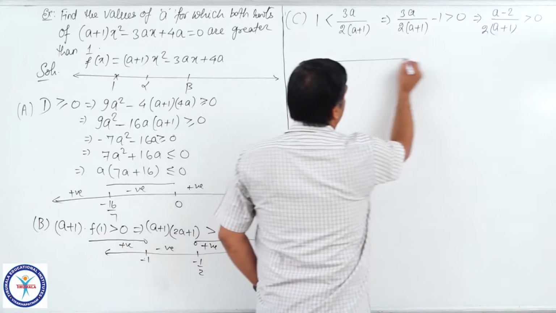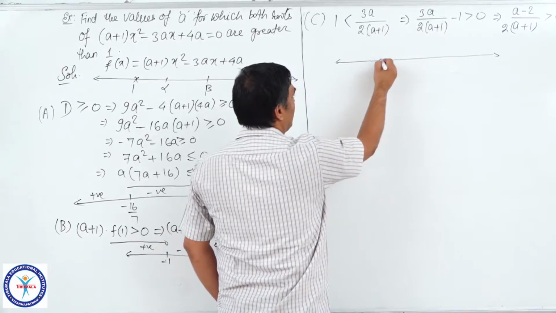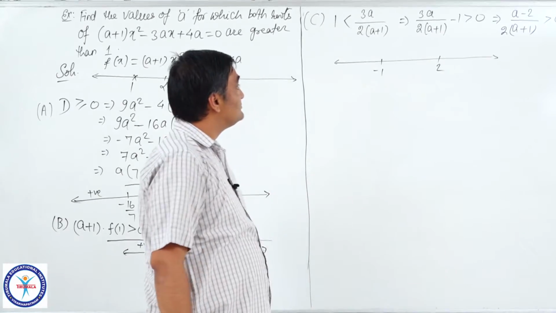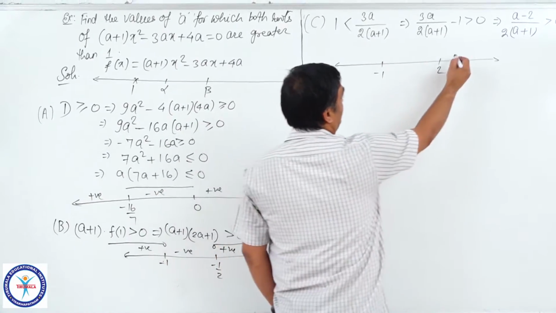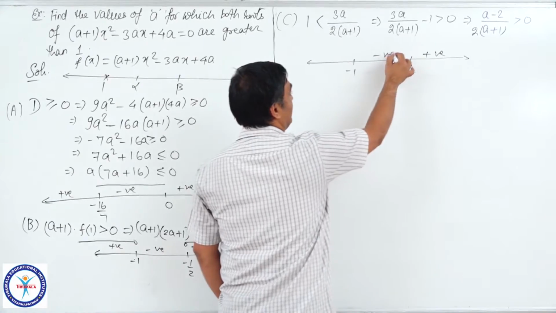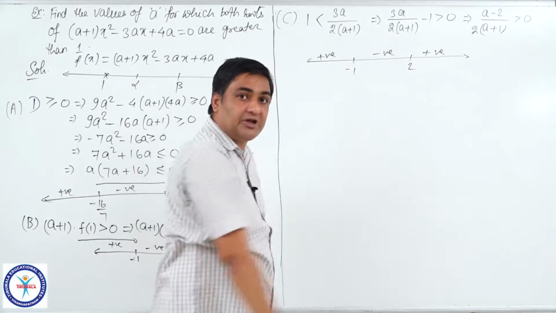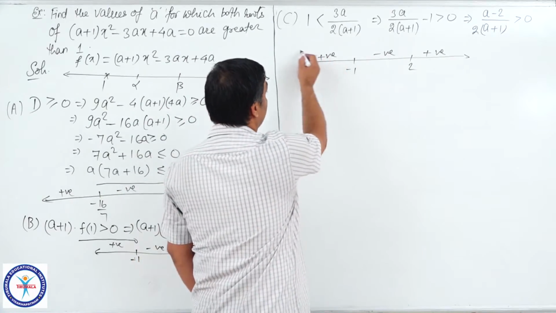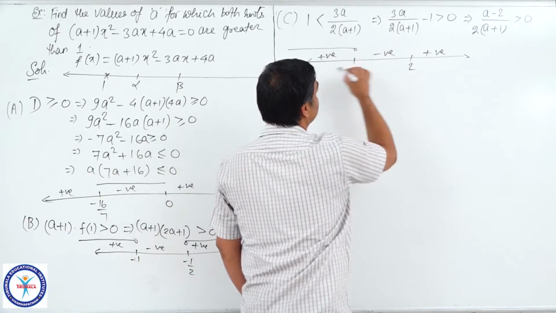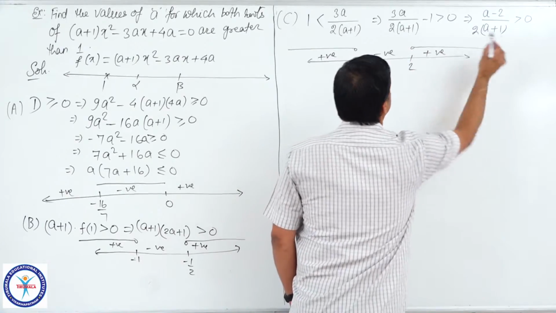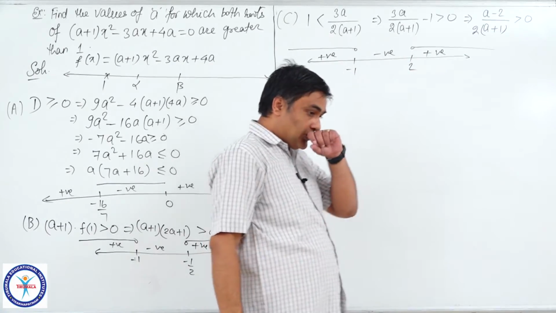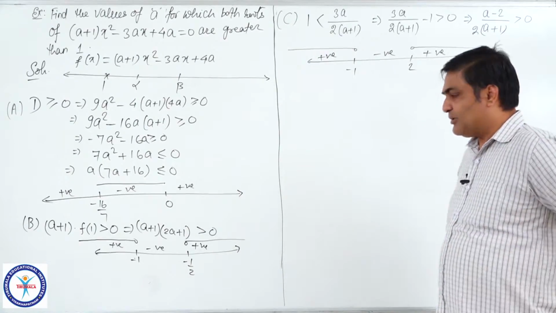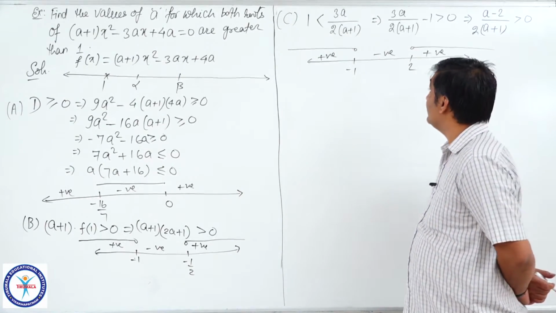So now we can apply the wavy method, −1 and 2: positive, negative, positive. We need positive values like this. So no other condition is required apart from these three in this case.